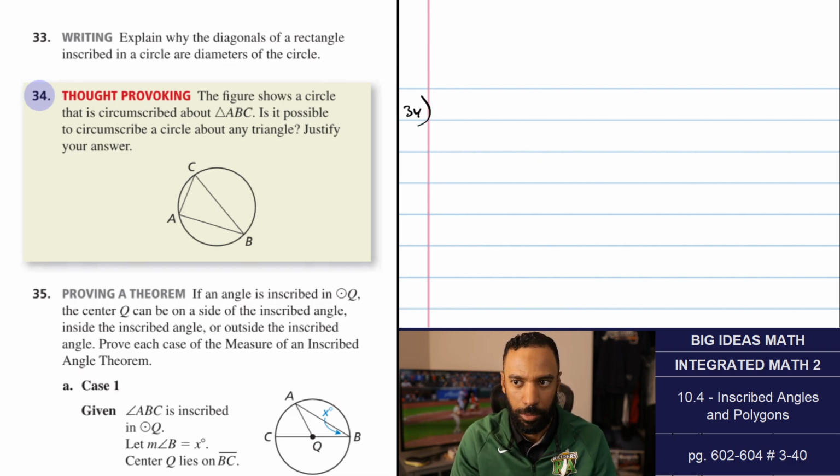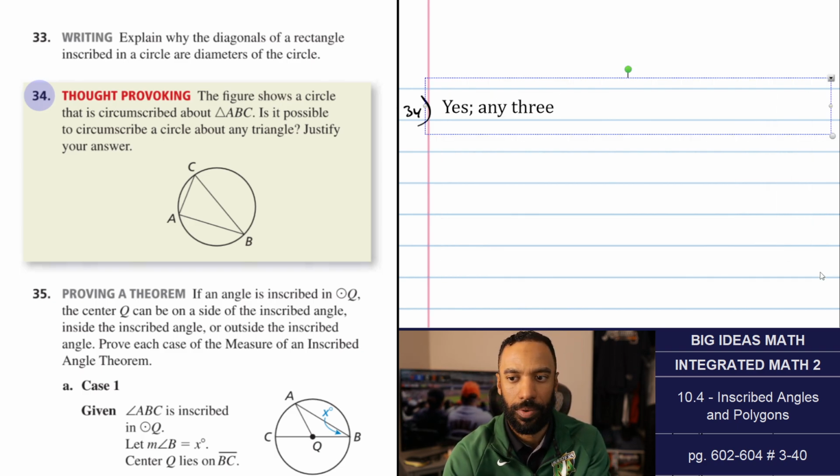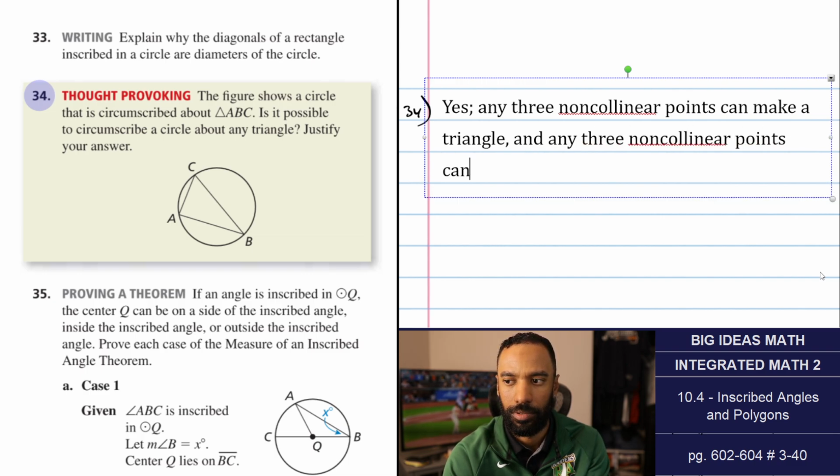Any 3 non-collinear points make a triangle, and any 3 non-collinear points make a circle. Therefore. So yes, any 3 non-collinear points make a triangle, and any 3 non-collinear points can make a circle. So there's one version of it.